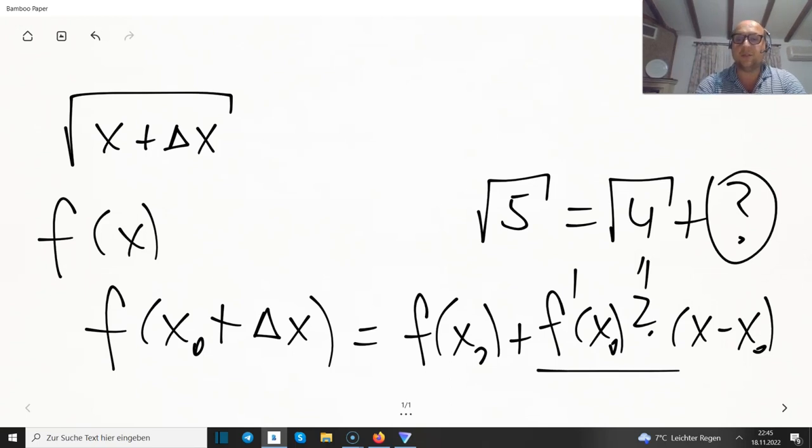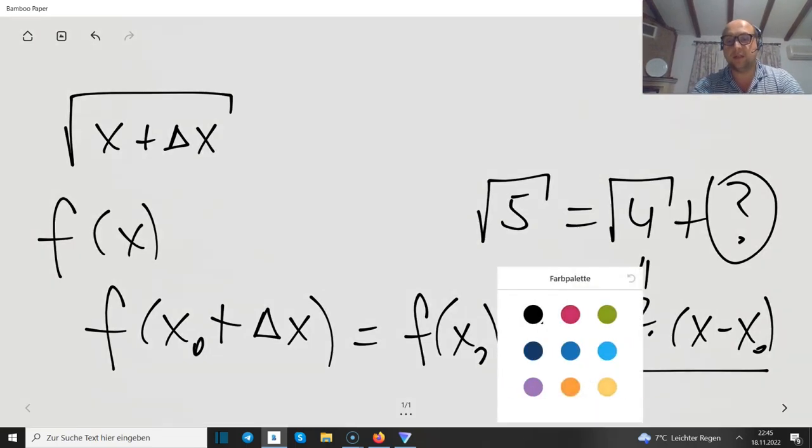But this very first step is already enough to approximate the values pretty nicely.